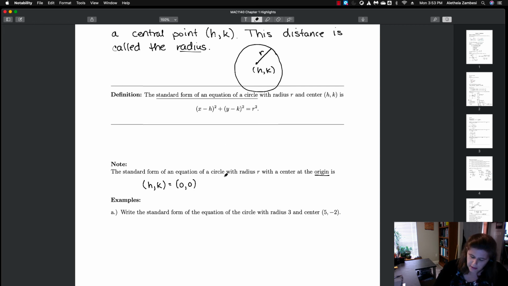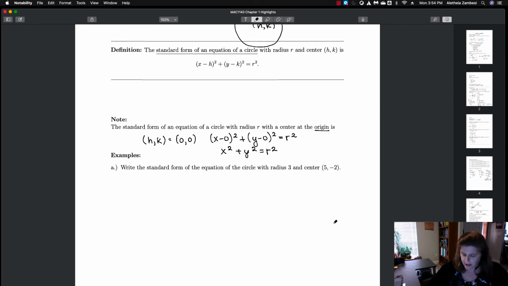So I have (x − 0)² + (y − 0)² = r², which simplifies to x² + y² = r². For those of you who have already taken trigonometry, the unit circle is a special case of the circle where r is equal to 1. So you have x² + y² = 1 in that case.